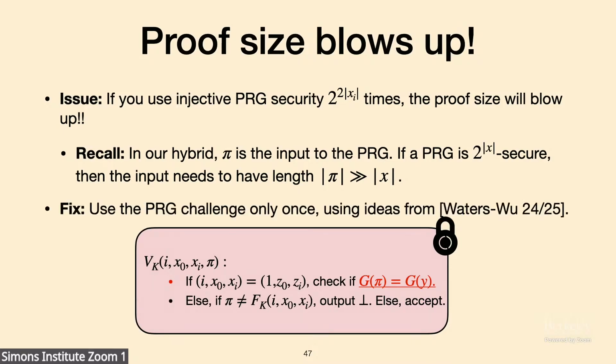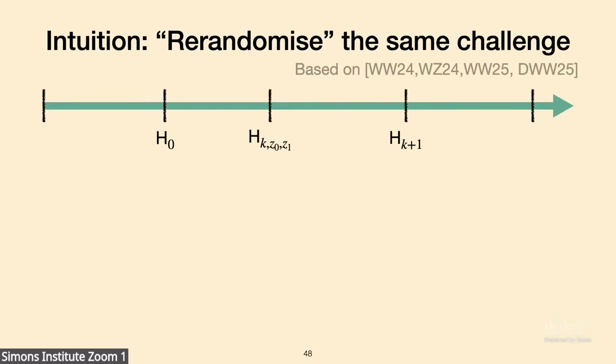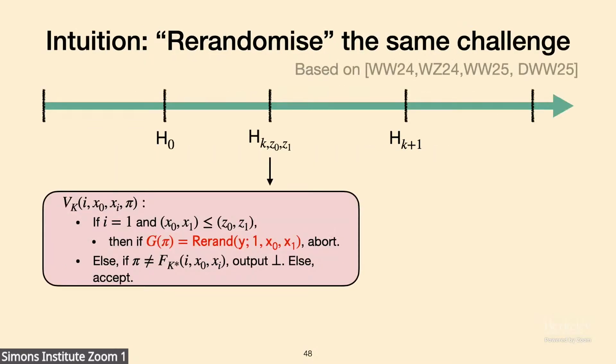So the fix here, I wish I could talk more about this, but I would just say the very high level trick. This is a beautiful idea from Waters-Wu, which says that instead of using PRG each time I remove this proof, I'm going to do it in one shot by first planting a re-randomized PRG at every point, and then using PRG once. Roughly speaking, instead of immediately removing the proof, I'm going to check if g of pi is equal to a re-randomization of the same PRG.